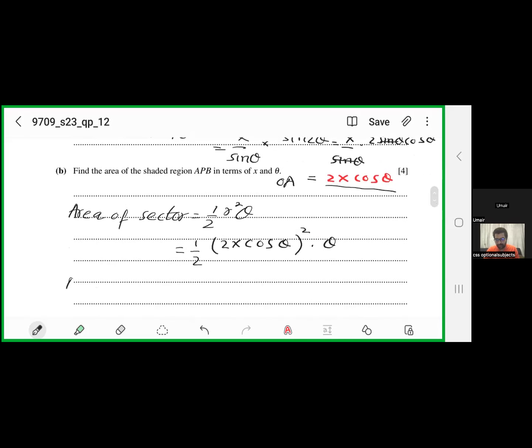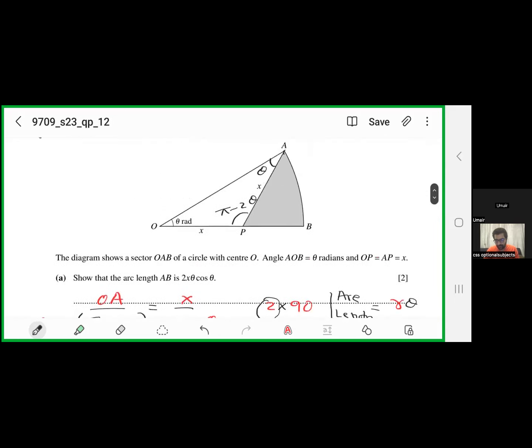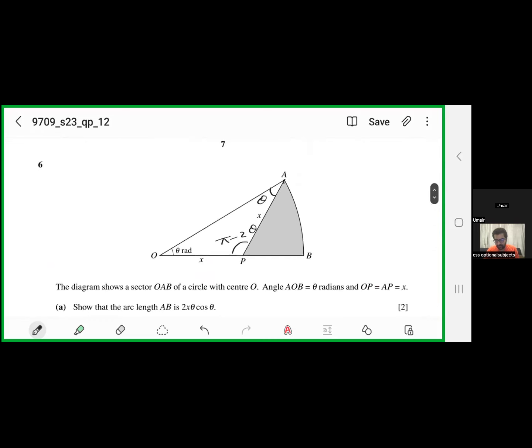Now the area of the triangle. We can use the formula 1 by 2 AB sine C. The area of a triangle is 1 by 2 times the two sides, times the sine of the angle between the sides.